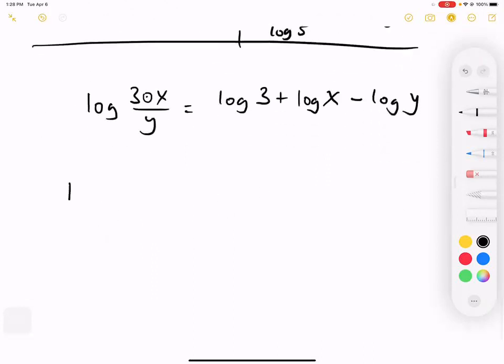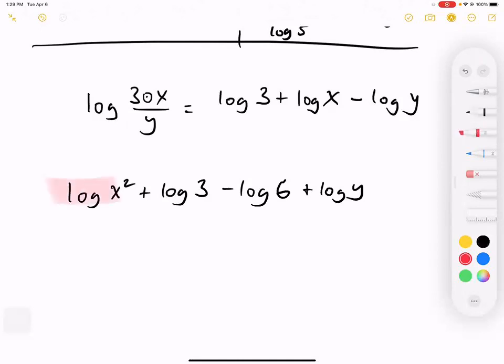Let's go the other way. If I say log of x squared plus log of 3 minus log of 6 plus log of y. Okay, I have a couple things going on here. Now, please note that all the positive logs here are going to be on top, and all the negative logs are going to be on the bottom of my fraction.